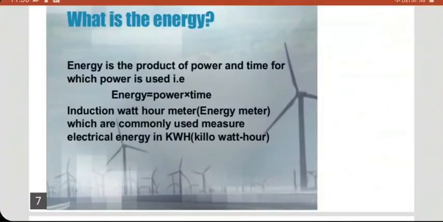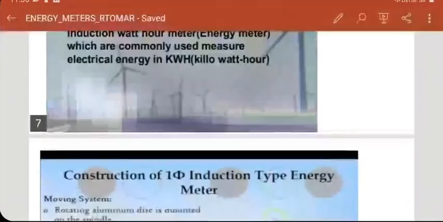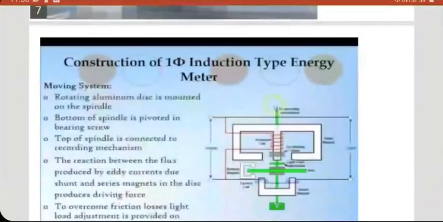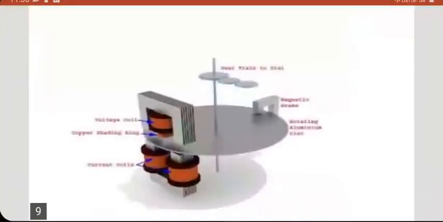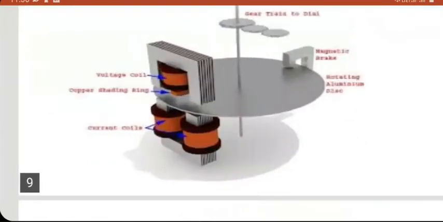Well-known thing. We don't measure joules. We normally measure kWh. Yeah, this is a pictorial diagram of the same thing.